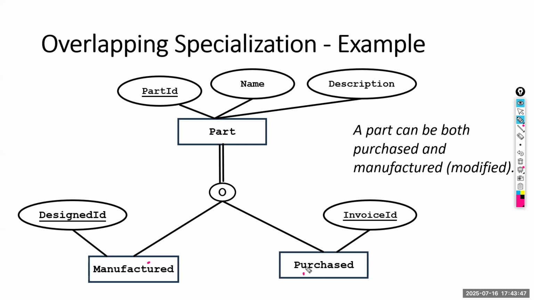Purchase means you buy it. So then someone will say always either you manufacture it or you buy it. But assume that there's a possibility you purchase it and then do some modification. So then it is both purchase and manufacture. You buy it, but then you do some modification. That means we are manufacturing again. That means the part can be both manufactured and purchased.